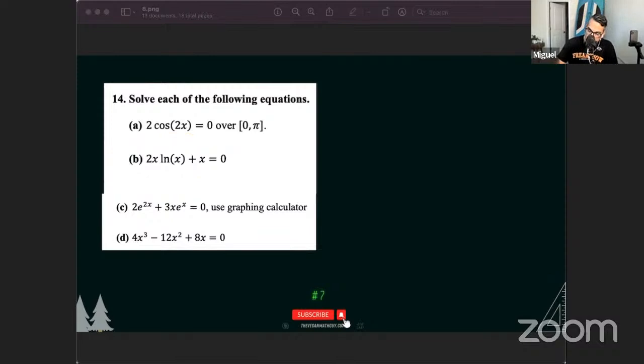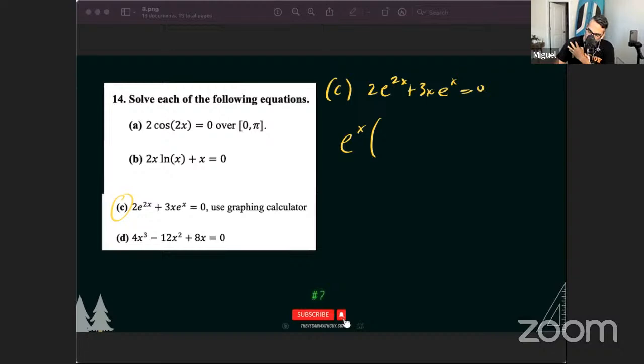So let's go to C. So 2e to the 2x plus 3x e to the x is equal to 0. Ooh, this is interesting. So there's an e to the x, but I don't think we can factor that out. I mean, I guess technically we could factor out an e to the x from both values, and that gives us, let's see, what would that give us?